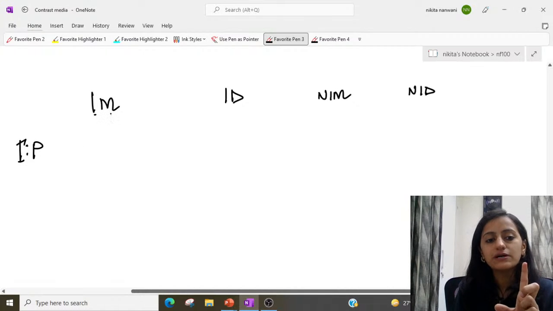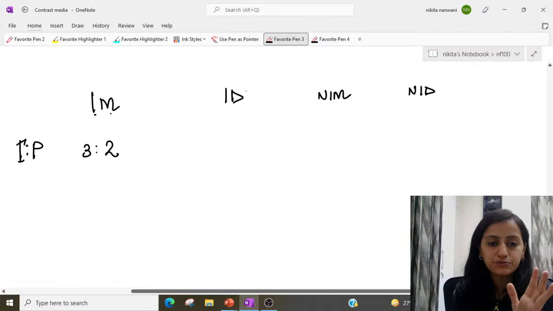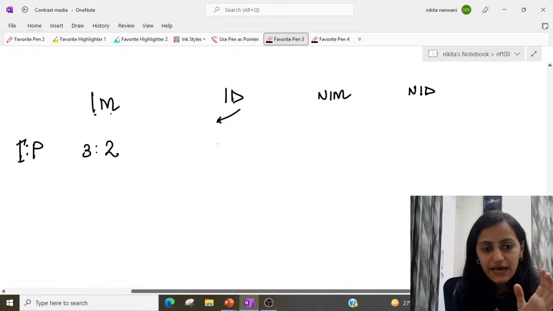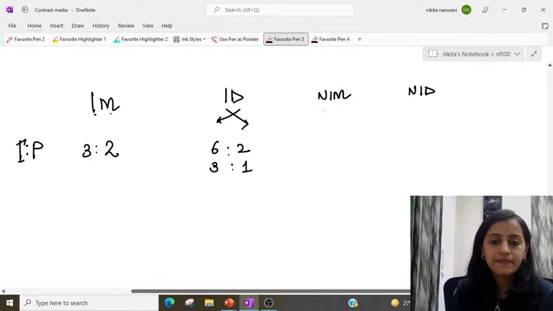What will be the iodine particle ratio of each of them? Ionic monomer: monomer, 3 iodine; ionic ionizes, 2 particles, so 3:2. Ionic dimer: dimer gives 6 iodine, ionic gives 2 particles, 6:2, that is basically 3:1.